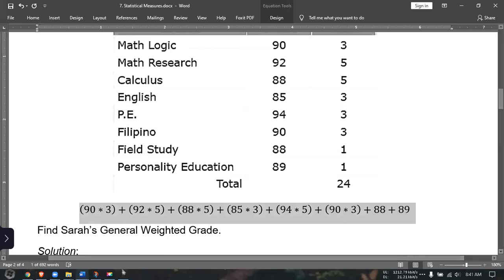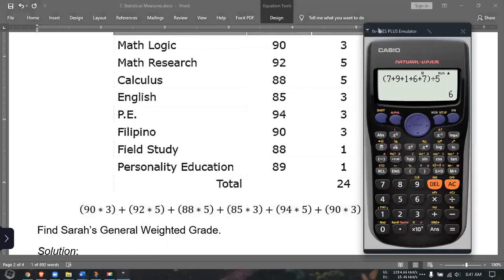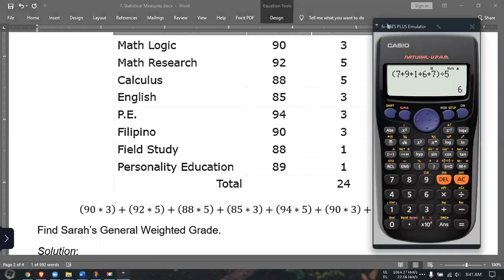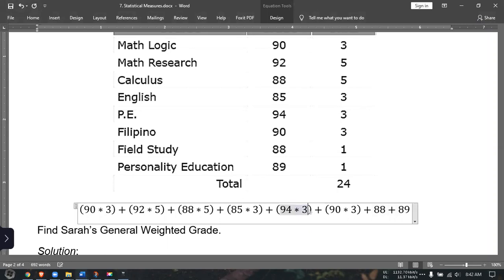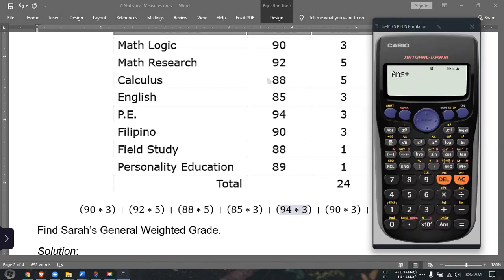Try natin i-copy. 90 times 3 plus 92 times 5 plus 85 times 3 plus... But it should be 3, no? 5 units of 88. Ano na ba tayo sa 94?